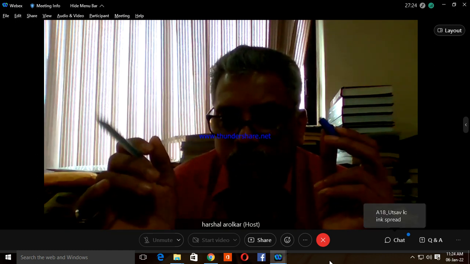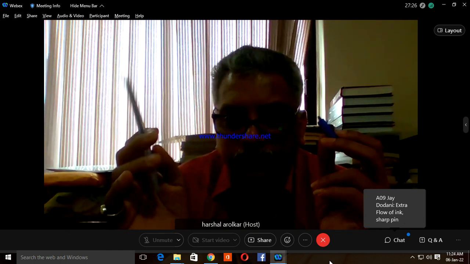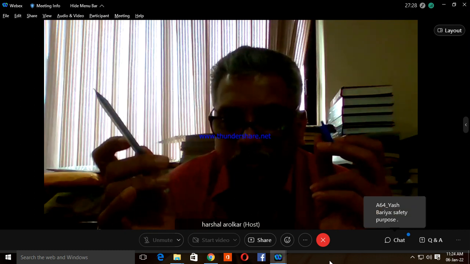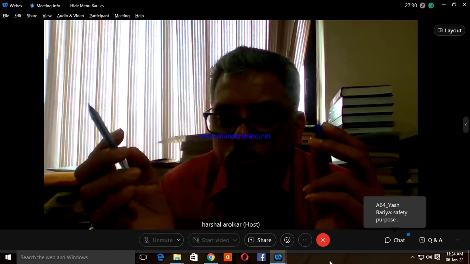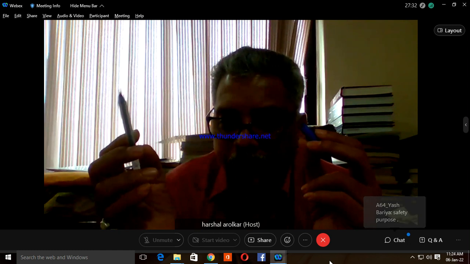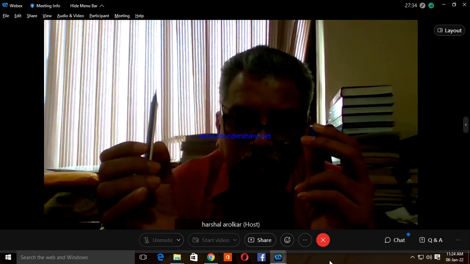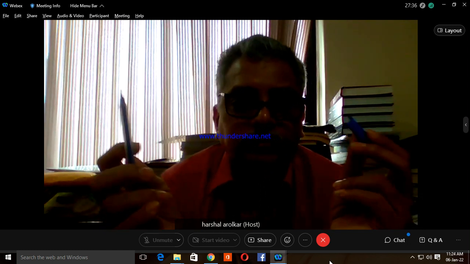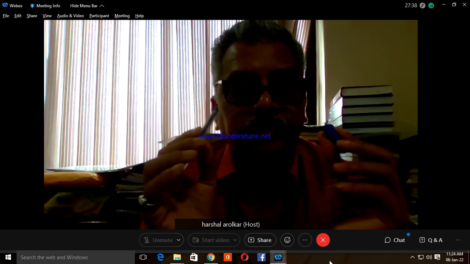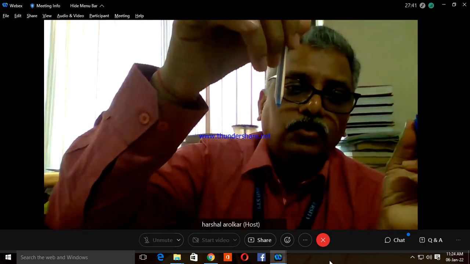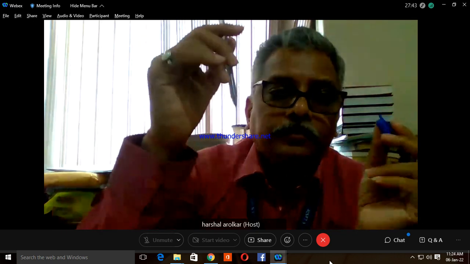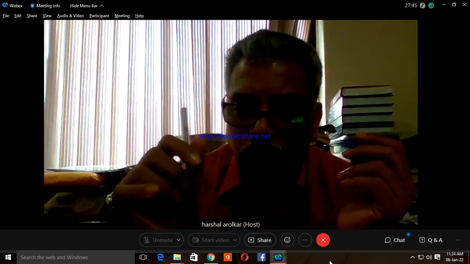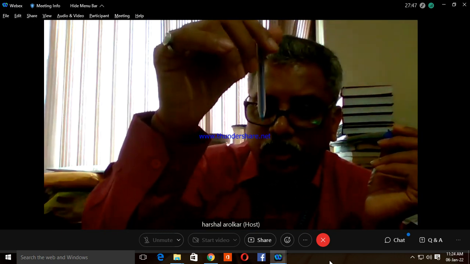Okay, ink spread, that is what Utsav is saying. Very correct, from leaking. So the pen should not leak. Okay, extra flow of ink, sharp pen, and safety purpose. Yes, Bari, what you're saying is correct. Safety purpose, but what kind of safety? Suppose this pen falls down. What is going to happen? It falls down like this with the nib pointed to the ground.